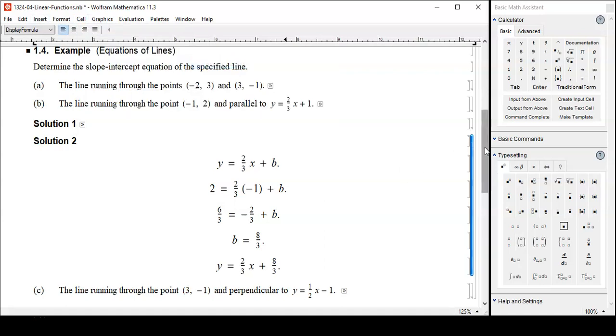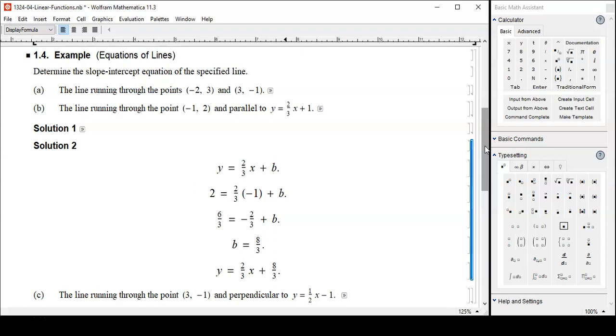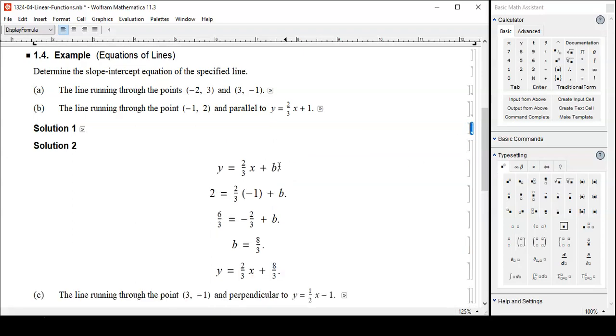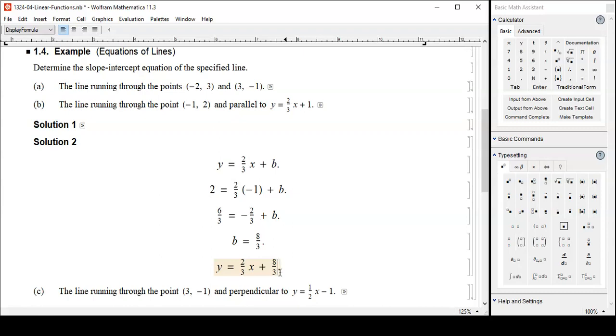This is not my favorite way, but a lot of students do it this way. Me personally, I do it this way. Use the slope point equation directly and then break out the parentheses and simplify. But some students just work out the slope-intercept equation, plug in numbers and solve the equation to find b. And then once you find b, the original equation should be like that.